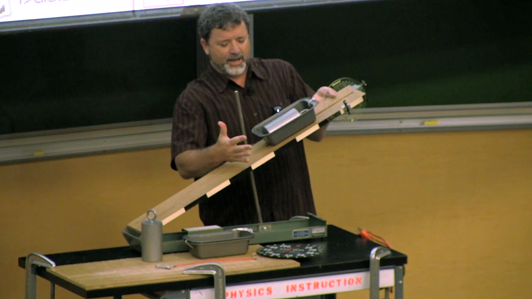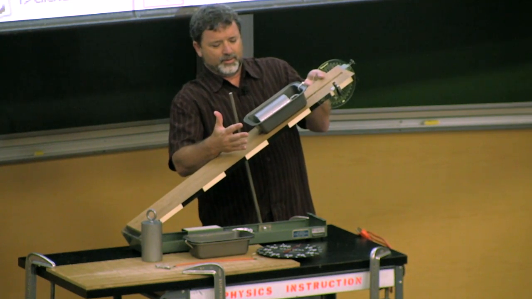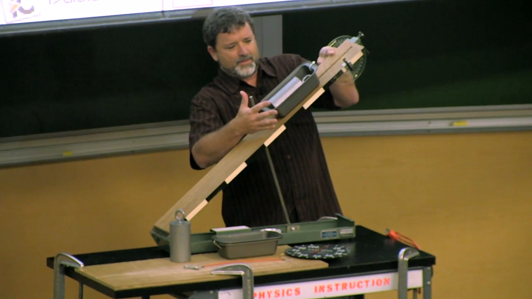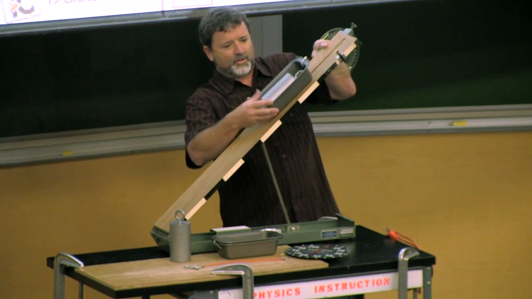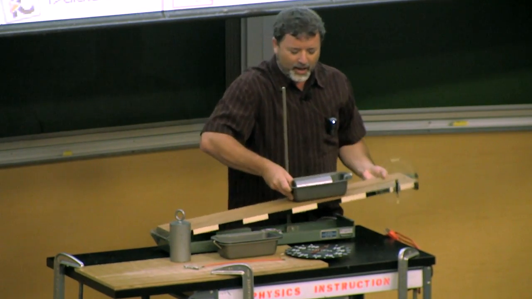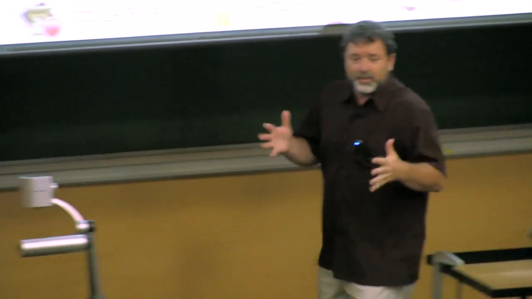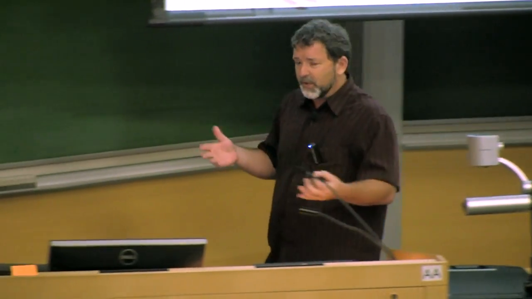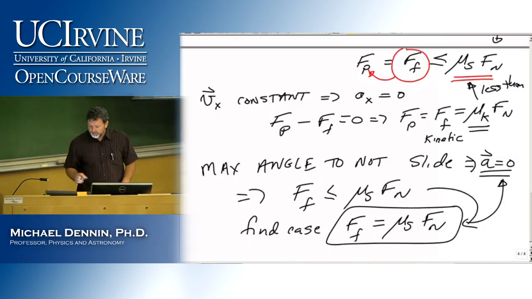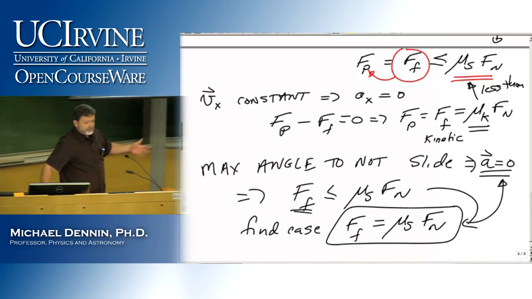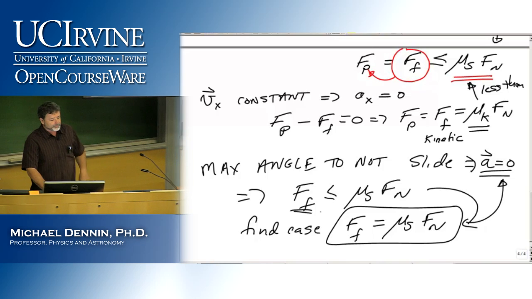I can get to a much higher angle before it starts to slide. Okay, there, it just went. And it made me nervous. But notice that is because mu s is much bigger. So the maximum force of friction is much bigger, so this can counteract bigger and bigger forces. And we'll see that in the problems we do.